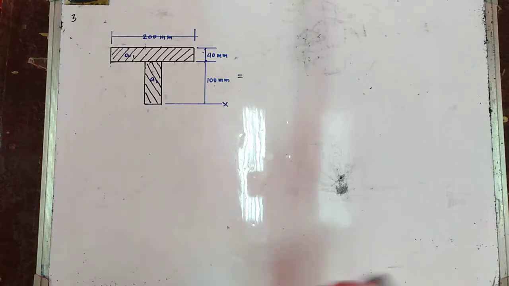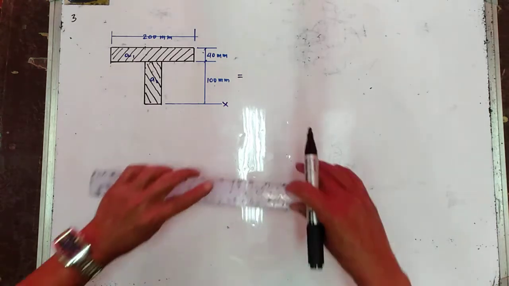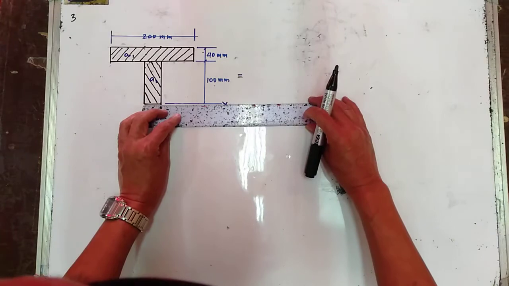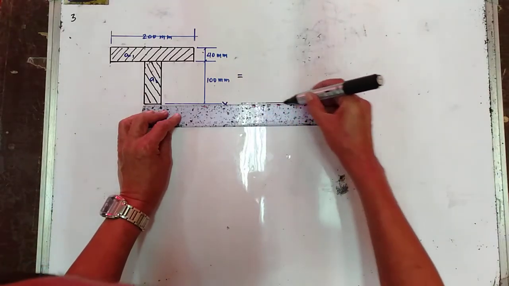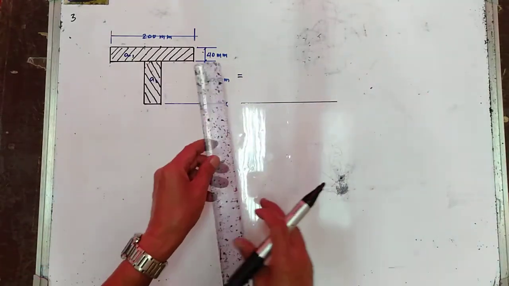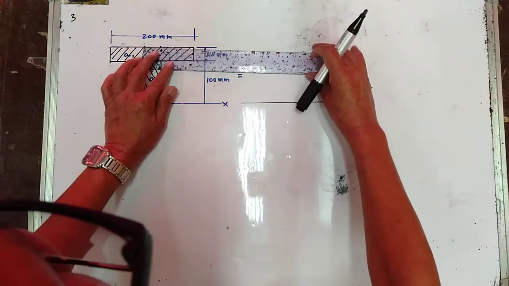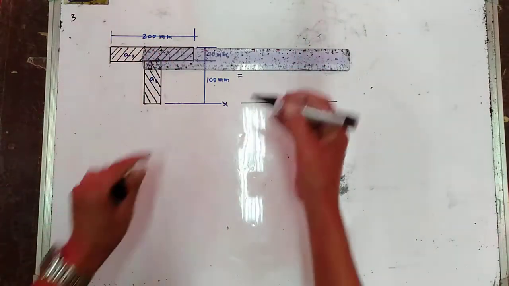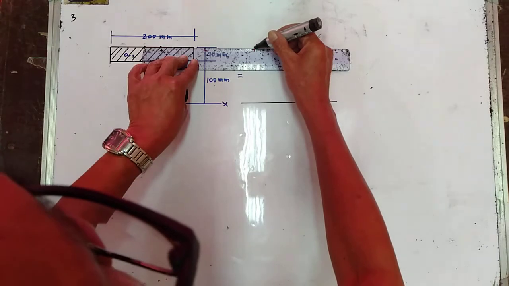So with respect to the x-axis, let us now draw the x-axis. And we now have the first area. This is your first area.